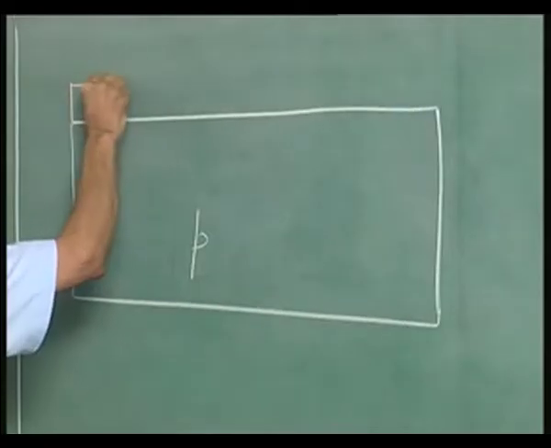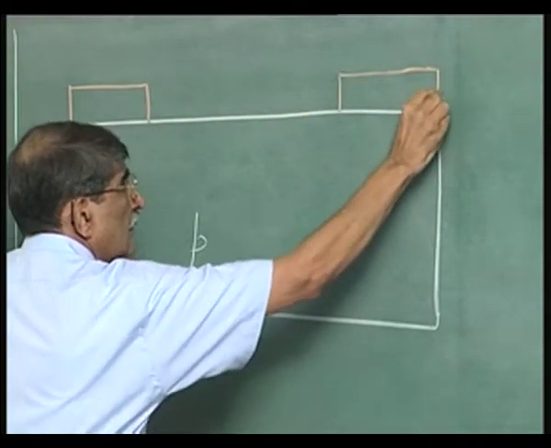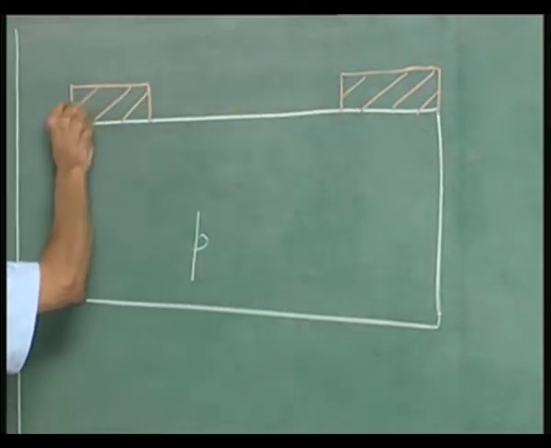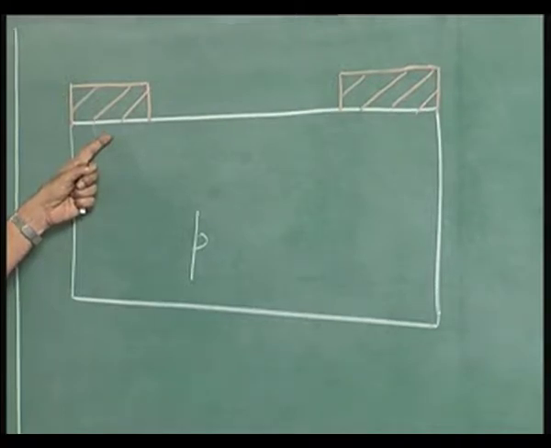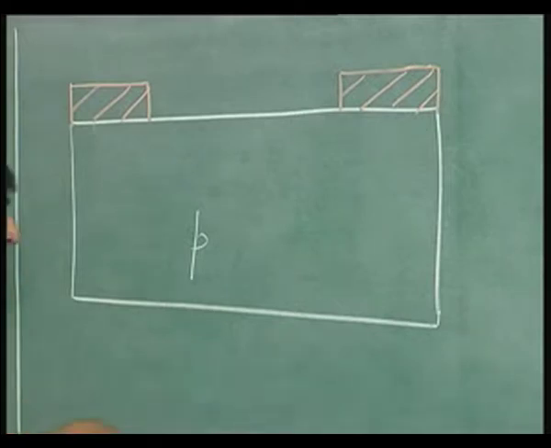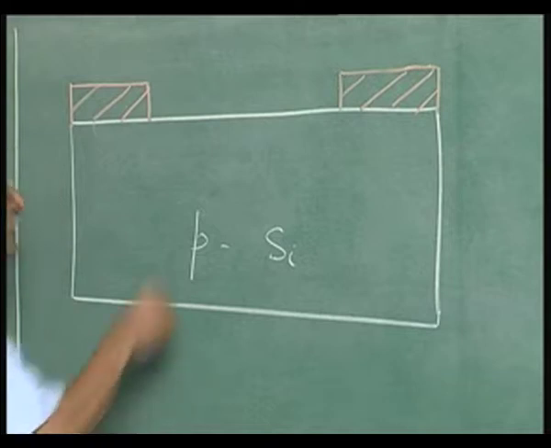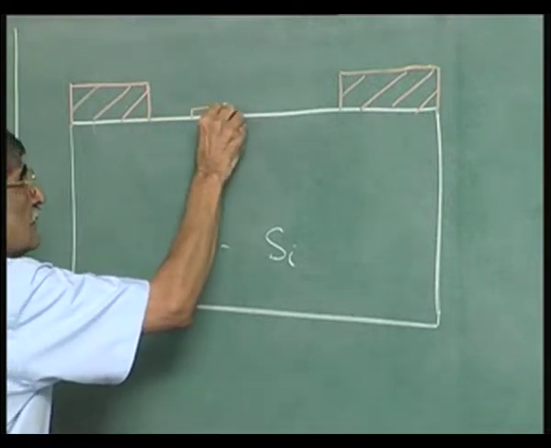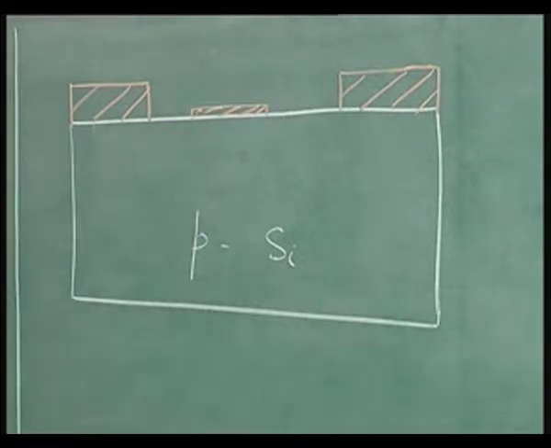I will show one device which you are all familiar. Right there you have got the native oxide, that colored one, field oxide, silicon dioxide. This is silicon. And then you have got the thin oxide, which I am putting here after all the lithography and everything. That is the gate oxide.